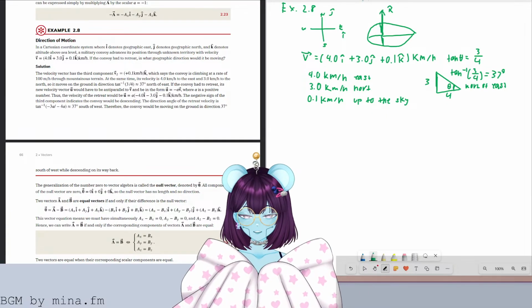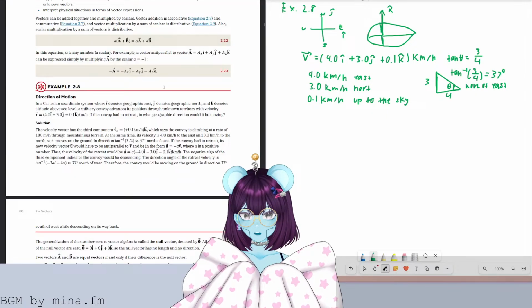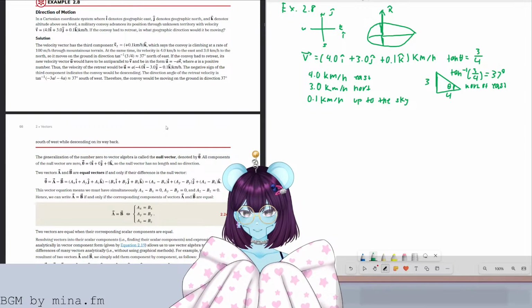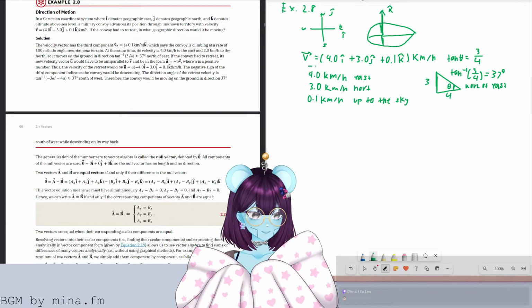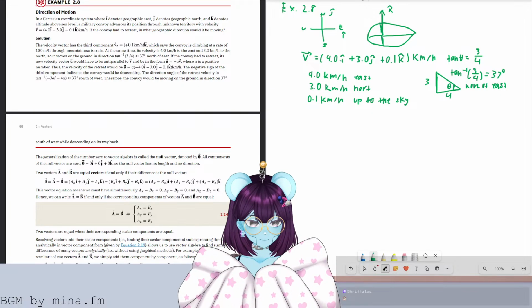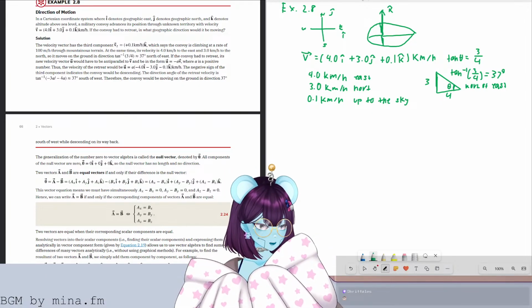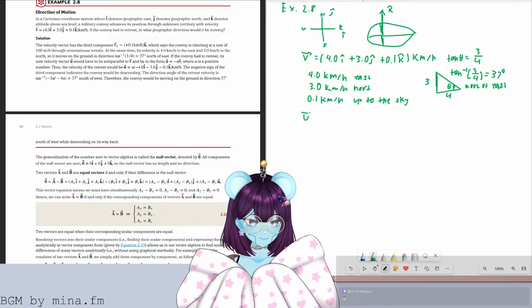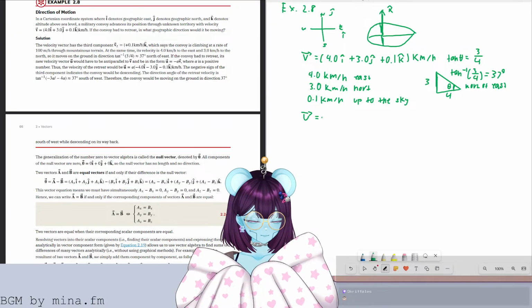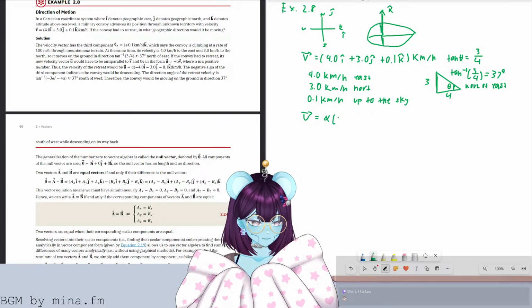So we're using that property. We can take this value and multiply everything by negative, and then add that scalar component in front.